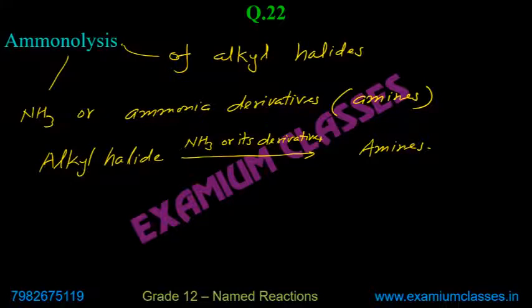So the first example I'll take with ammonia, and then I'll consider with an ammonia derivative. So say you have Br or Cl, chlorine, you can take, and get it treated with ammonia.